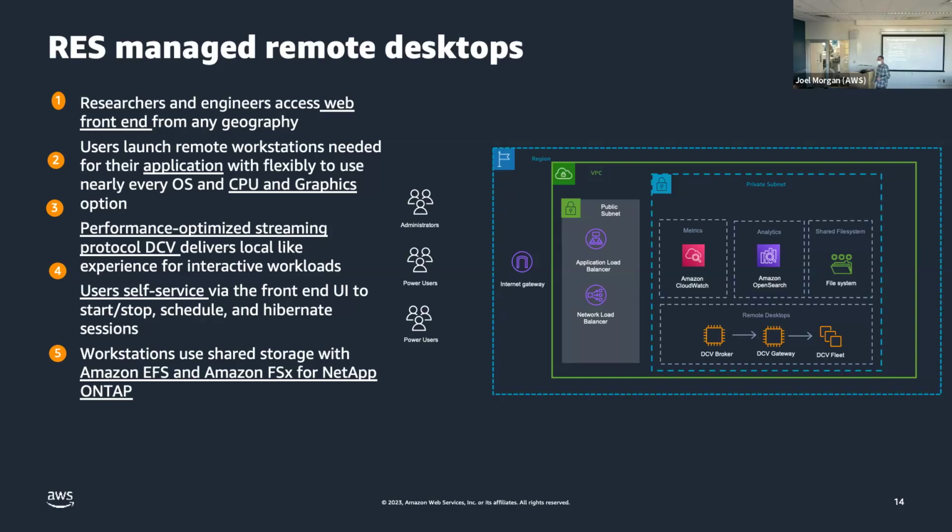Yes. Are the broker and gateway just running on standard EC2 instances? Yeah. Okay. What size EC2 instance do you guys use? I'd have to look at the template to see what it deploys. You don't have to pick it. To get a sense of the standing cost of the system, deploying RES and not running anything is about $20 a day.